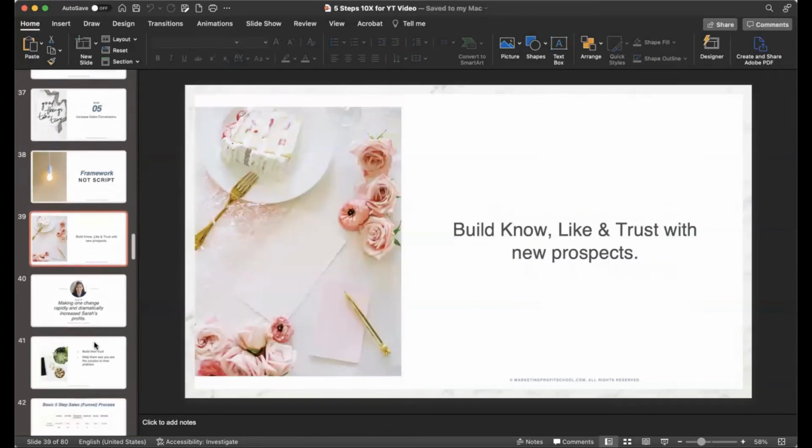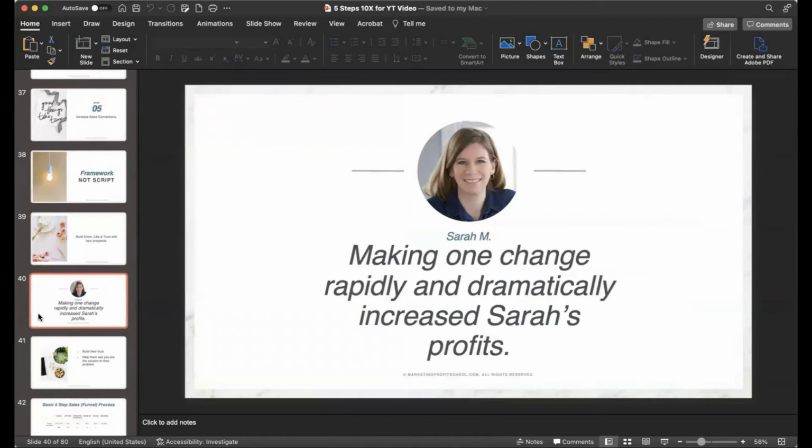Build know, like, and trust with those new prospects. And here's Sarah making one change in her funnel, which rapidly and dramatically increased her profits. We changed the process of her front end so that we took 3 different low ticket offers and picked the one that was converting the best, did some split testing and focused on that one. And then we increased the price of her upsell.